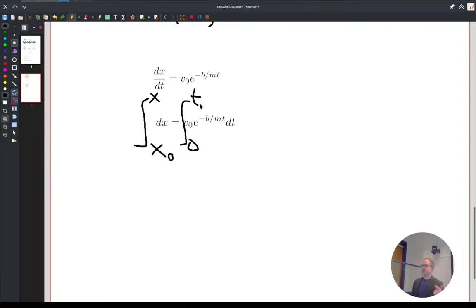And I can go 0 to t. The only tricky part here is that e to the 0 is not 0, it's 1. So when we evaluate e to the something t minus e to the 0, it's actually like minus 1.